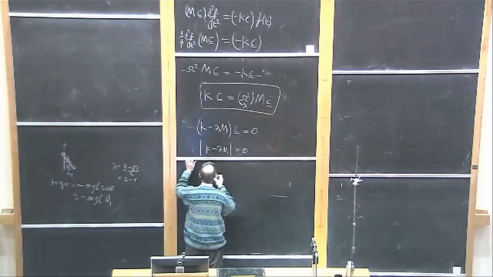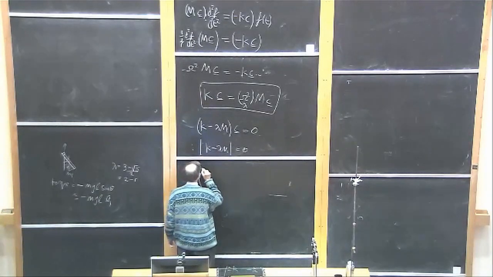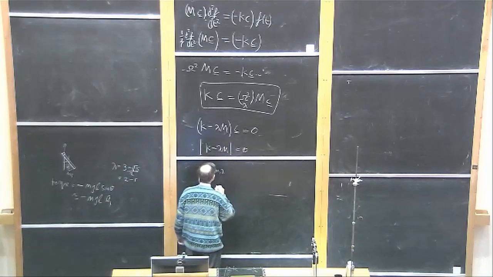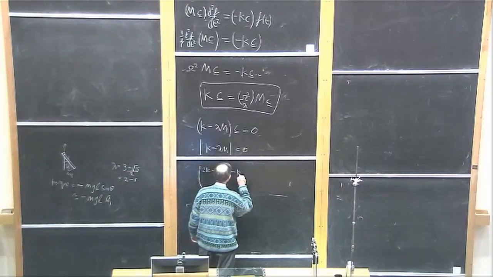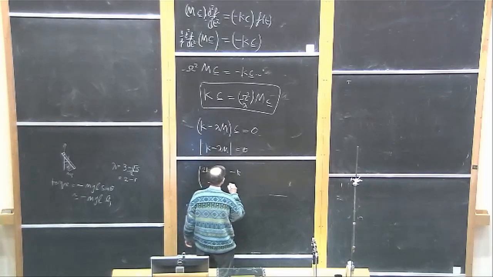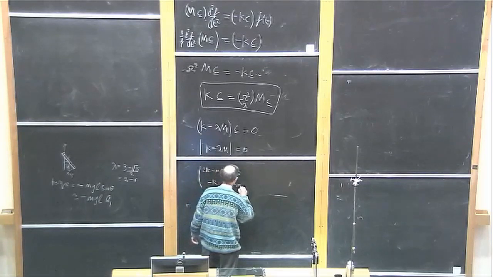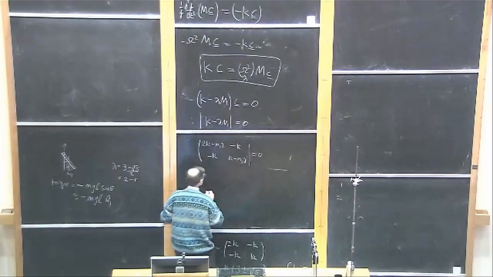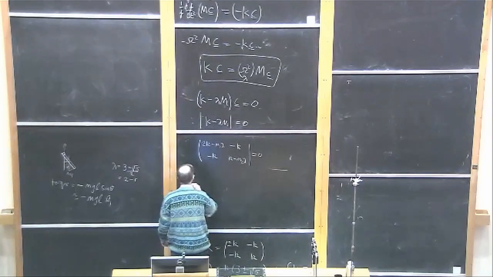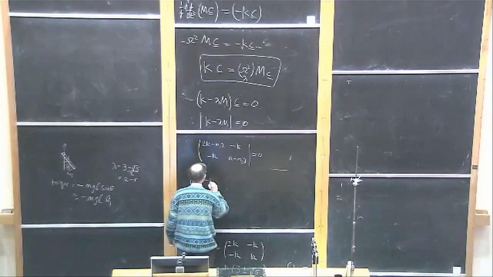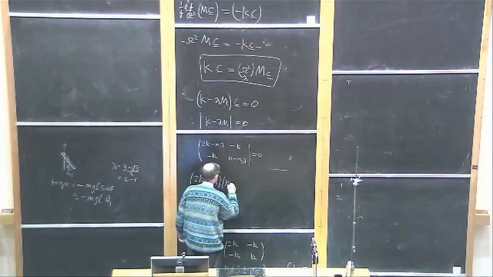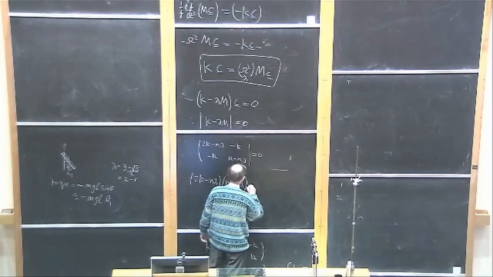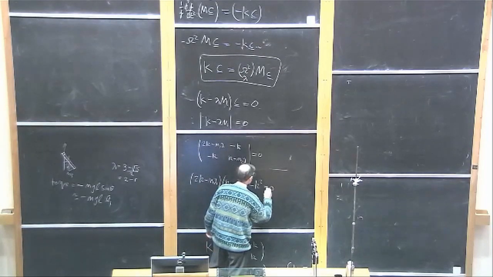Therefore in this particular example we've got the determinant of 2k minus m1 lambda, minus k, minus k, k minus m2 lambda equals 0, which gives us (2k minus m1 lambda)(k minus m2 lambda) minus k squared equals 0.